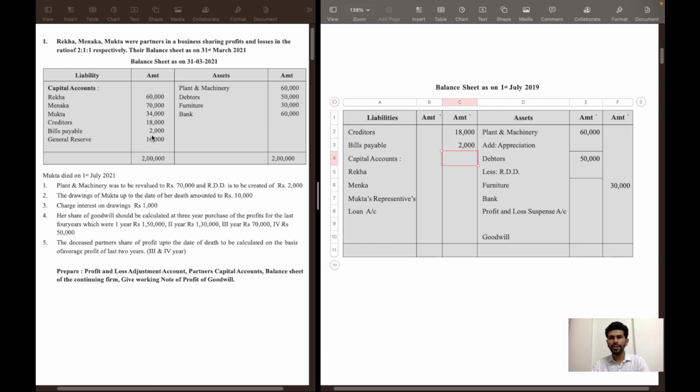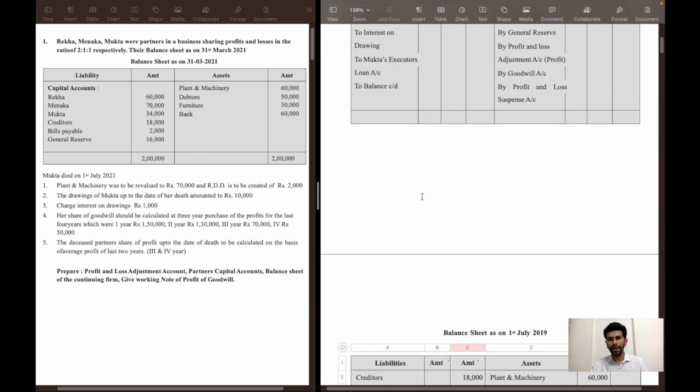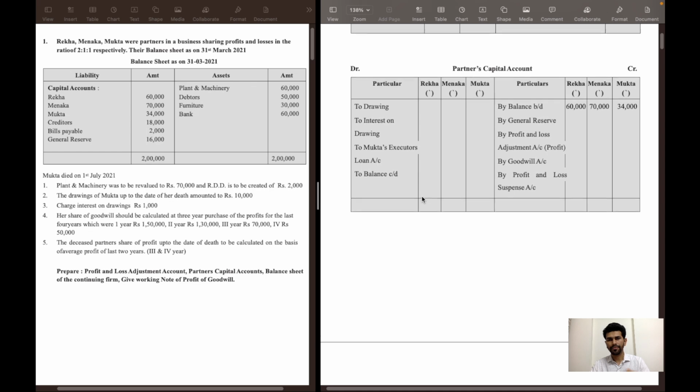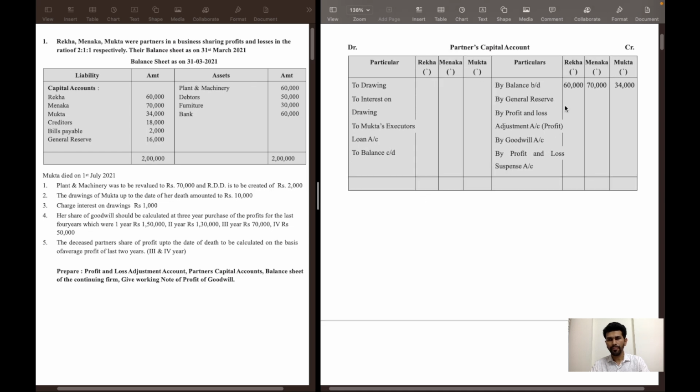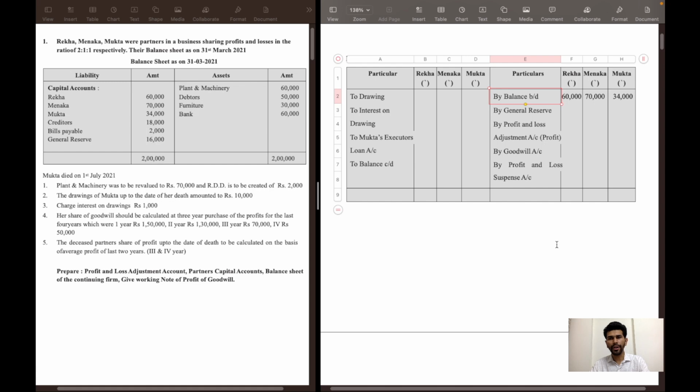It is the undistributed profit. So we have to distribute among old partners in old ratio, that is 2 is to 1 is to 1. So in partners capital account, on credit side, remember liabilities always have credit balance. Capital account we have written on partners capital account credit side by balance brought down opening balance.